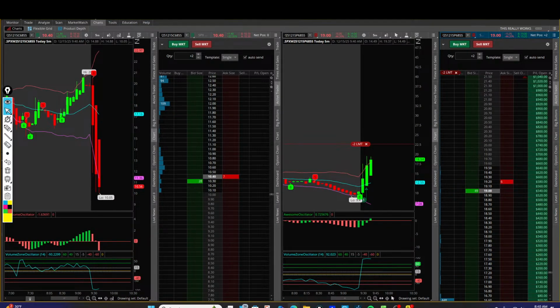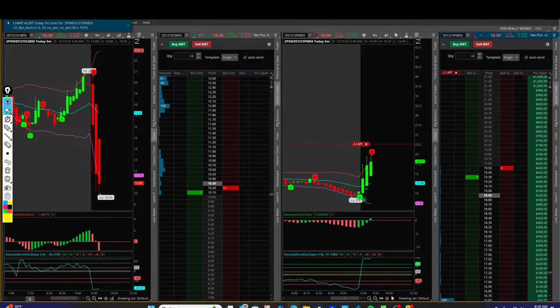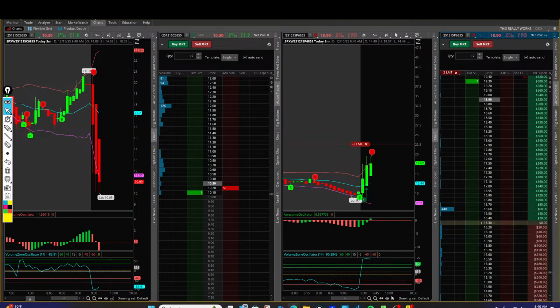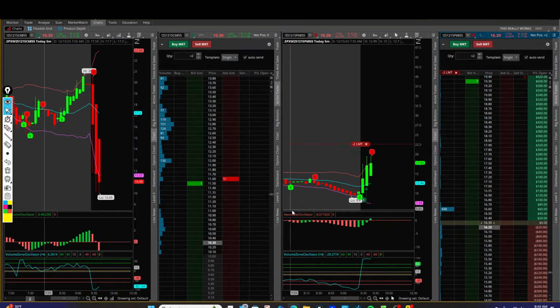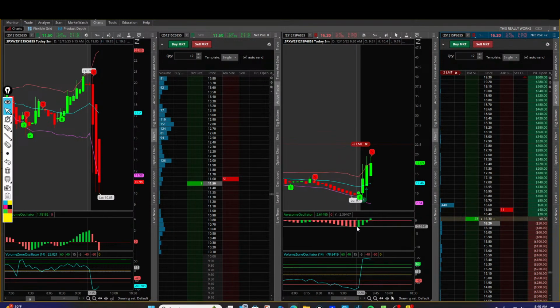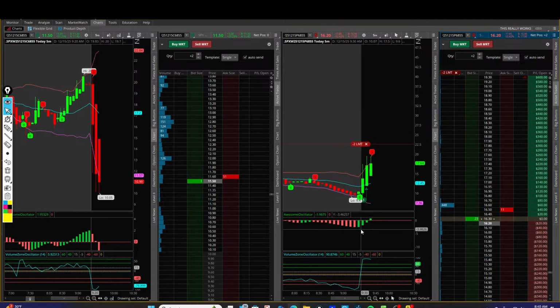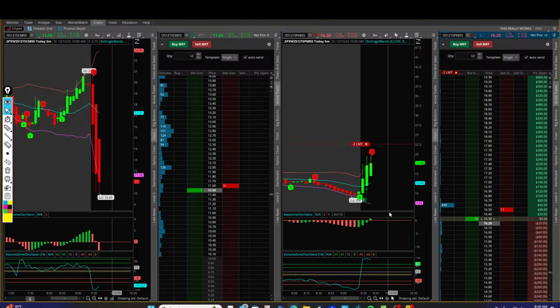Okay. We got the sell signal on puts again. If we look here at the awesome oscillator, we've got these 3 bars going up, crossing the 0 line. So this should be headed upward.